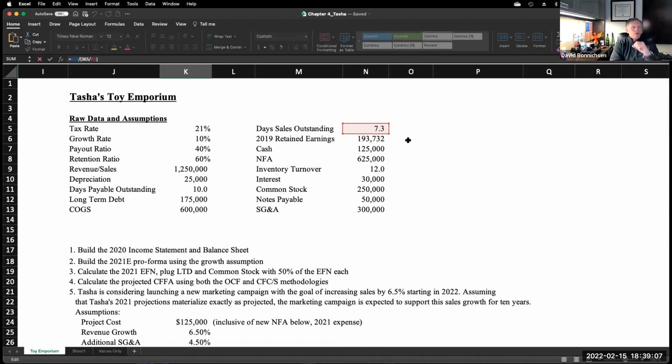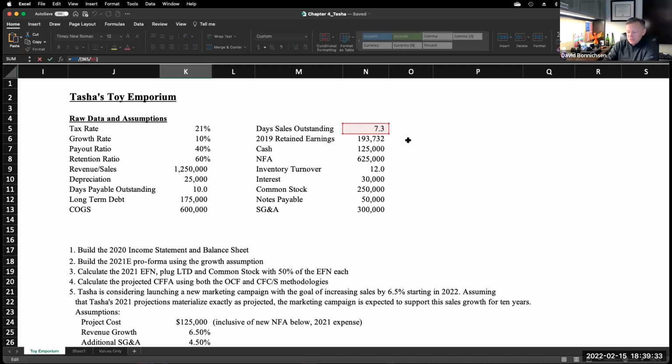If you go back to the slides related to the ratio analysis, you'll see accounts receivable turnover and days sales outstanding, and you'll see the variables involved: sales, accounts receivable, and the turnover ratio. So you'll be able to solve for accounts receivable.